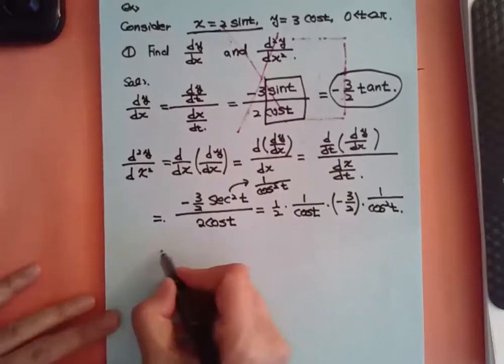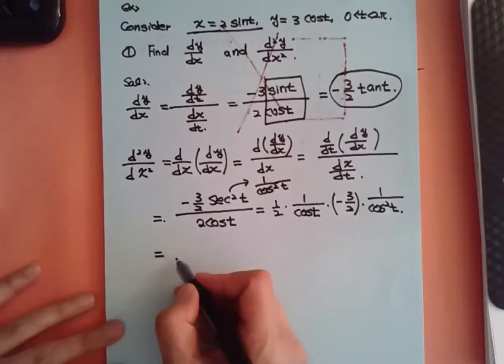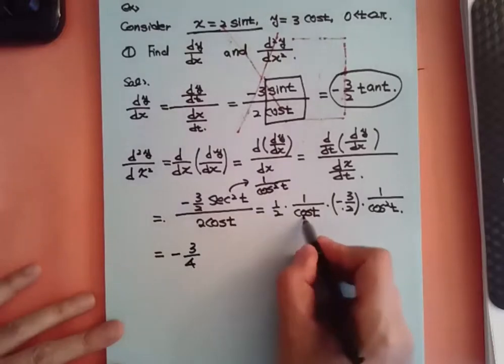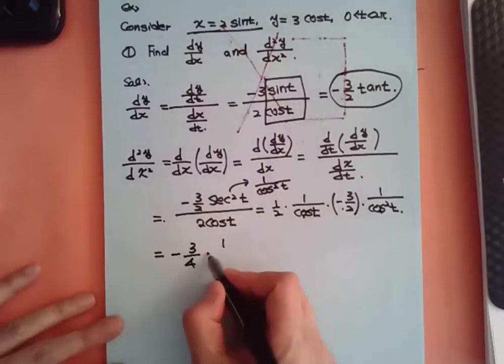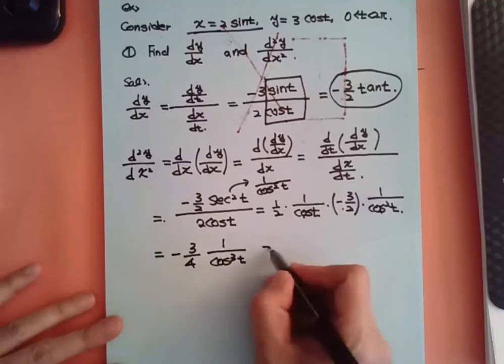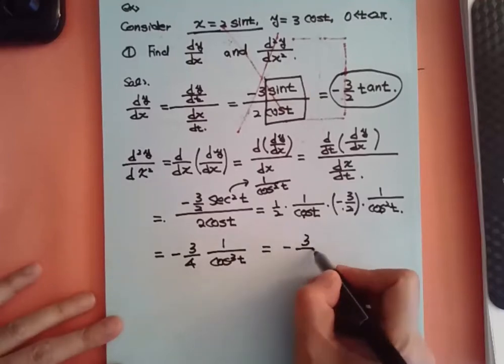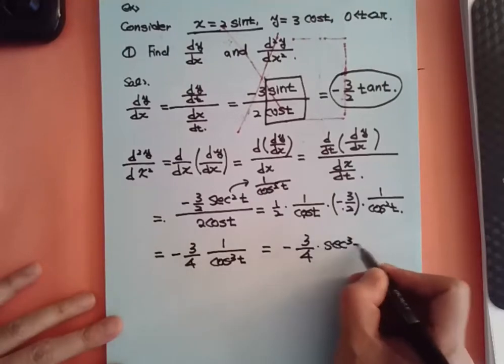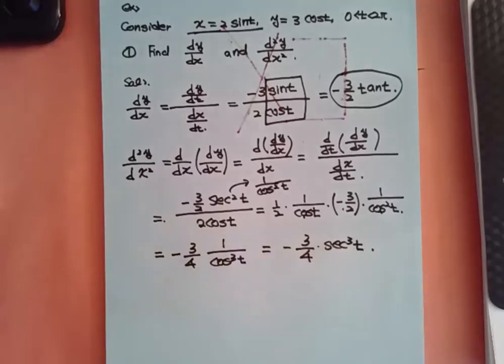So when we gather all the information together, we get minus 3 over 2 times 2, and cosine happens 3 times, so 1 over cosine cubed of t. So that means that is negative 3 over 4 times secant cubed of t. Any question?